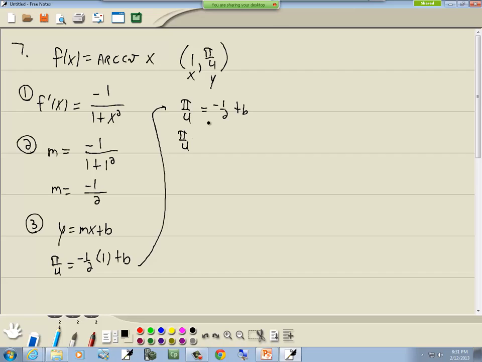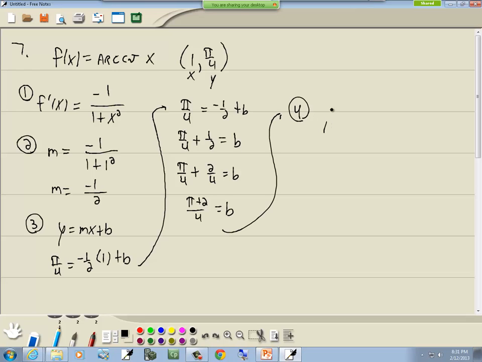Now I'm going to take the negative 1/2 to the left side, and it becomes a positive 1/2 equals b. Want to get a common denominator. So in the second fraction, I multiply top and bottom by 2. So that gives us 2/4. Now they both have the same denominator, so I'm going to have pi plus 2 over 4 is equal to b.